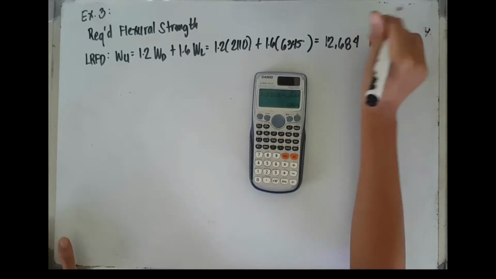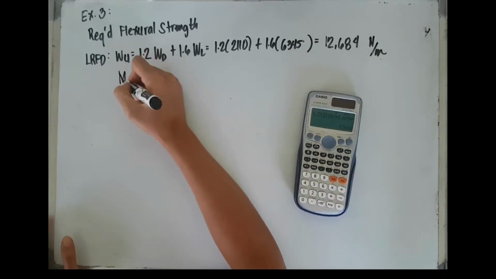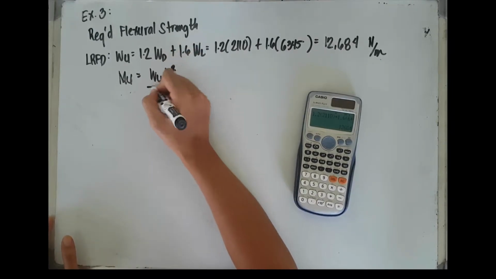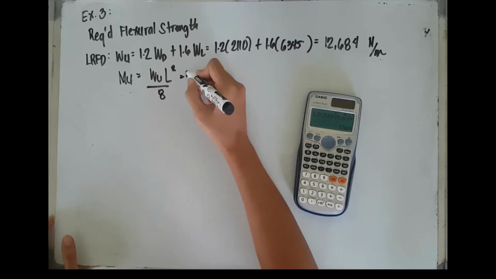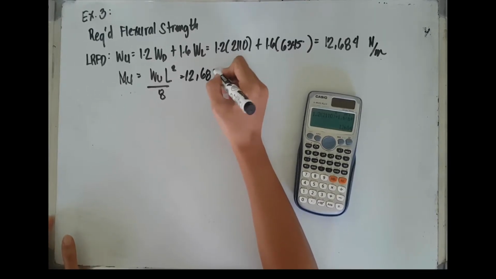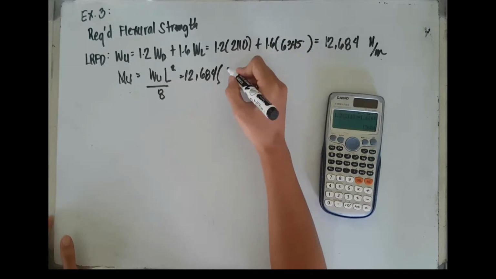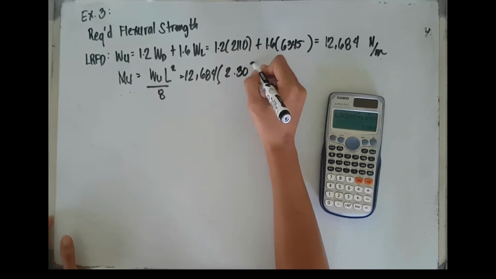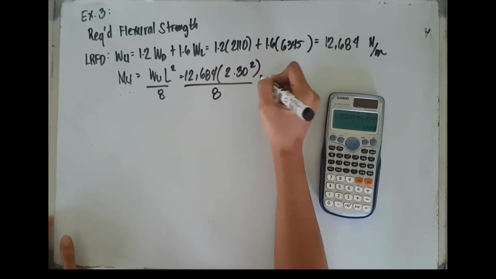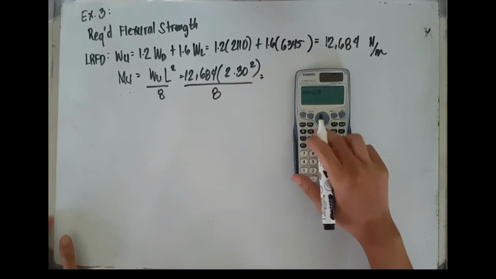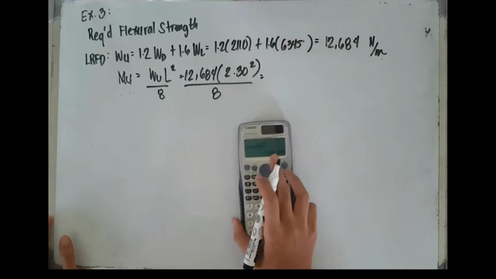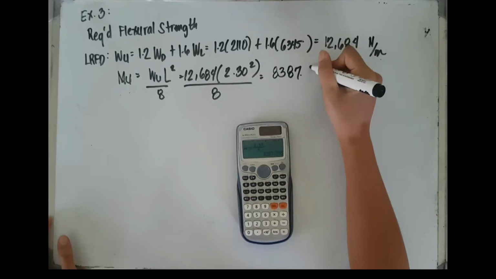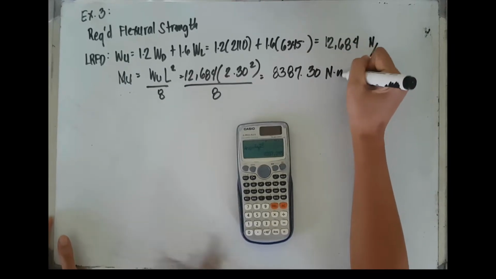And to determine the required moment, we have WL squared all over 8 for simply supported beams. Our length is 2.3 meters. Therefore, our moment is equal to 8,387.30 Newton meter.